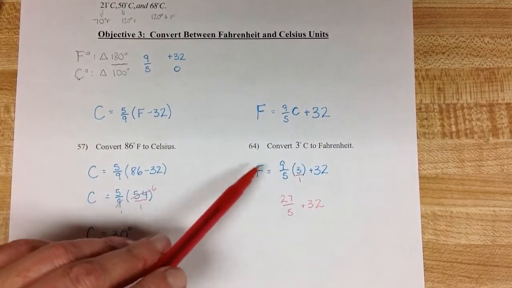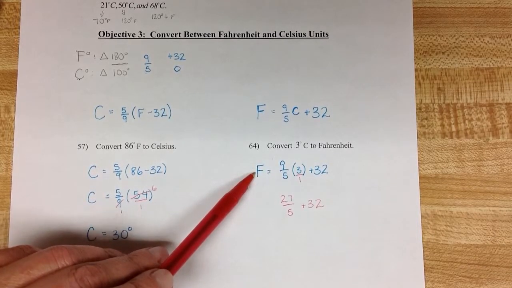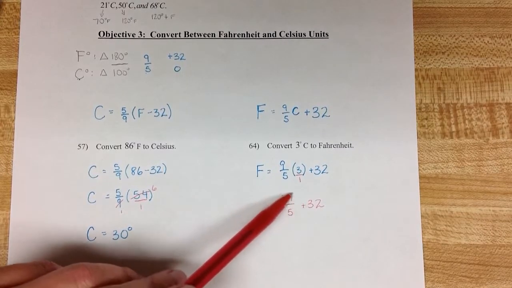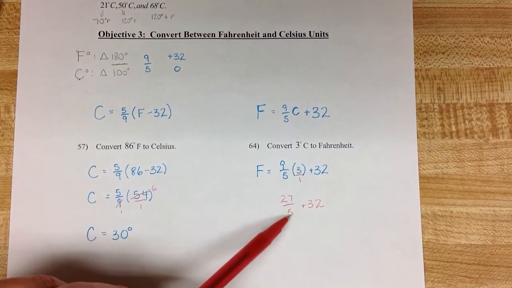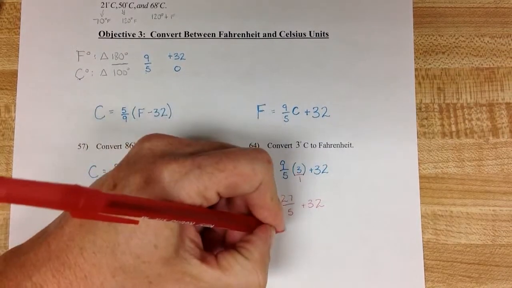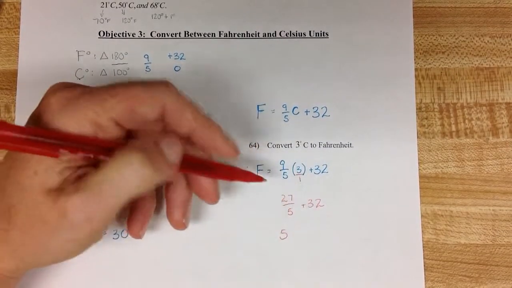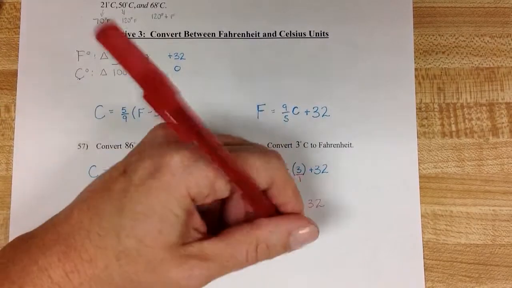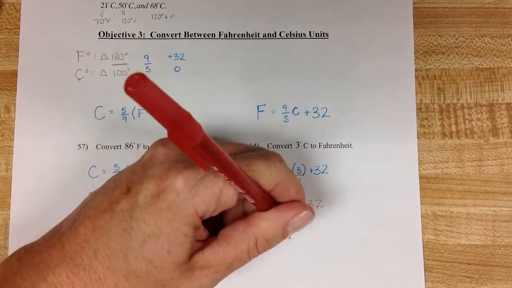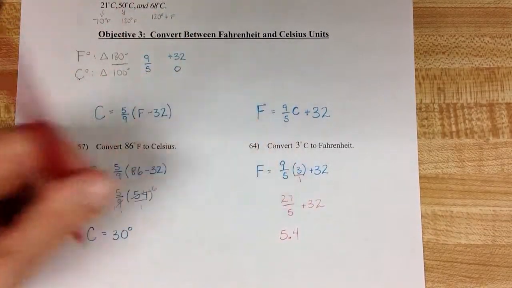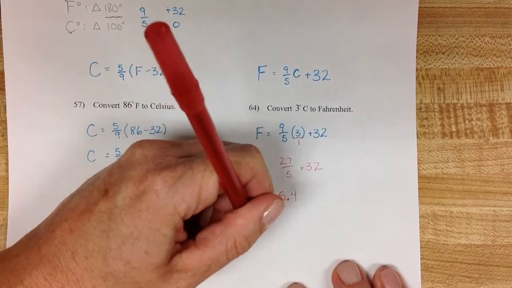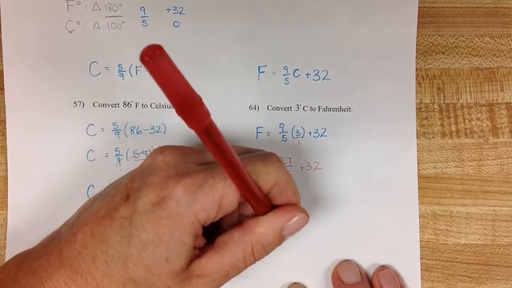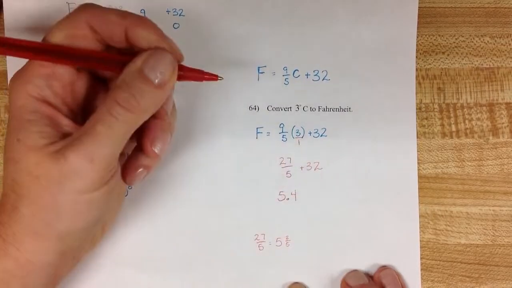And because of the context, because we're talking about degrees, and it would be kind of weird for them to give you a temperature in fraction form, I'm going to go ahead and turn this fraction into its decimal form. So 5 will fit into 27 5 times with 2 left over, and that 2/5 that's left over is the same thing as 4/10. Maybe I should put the math for this down below. 27 divided by 5 is the same as 5 and 2/5.